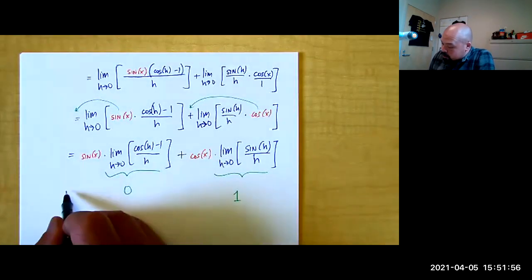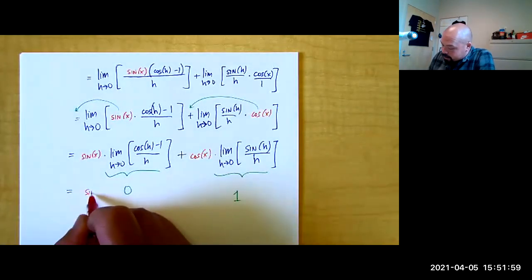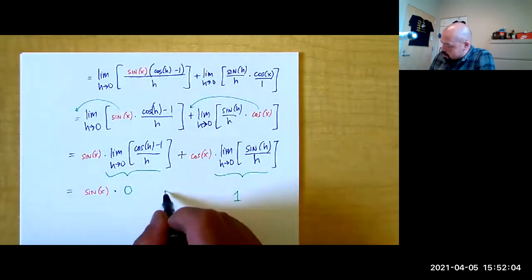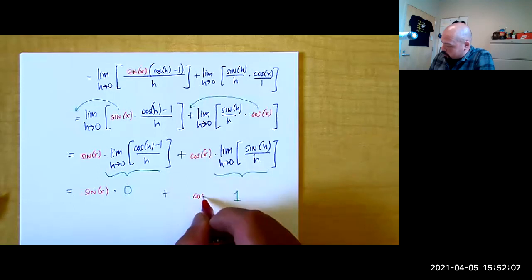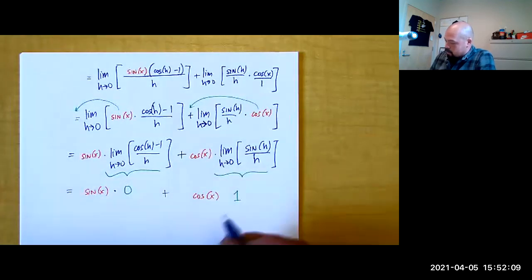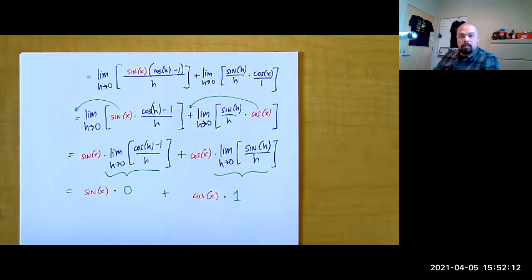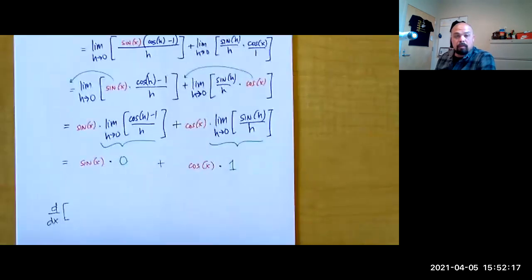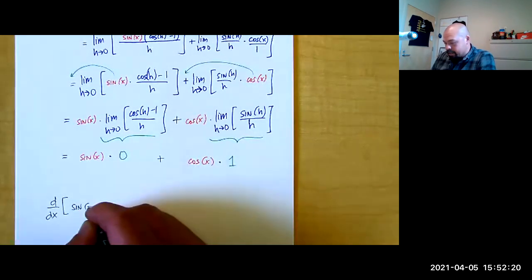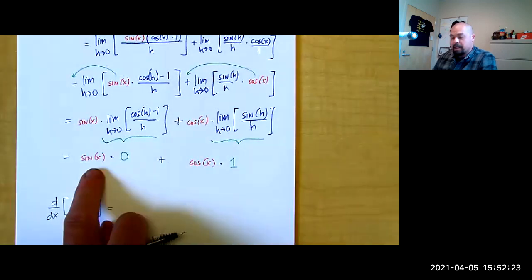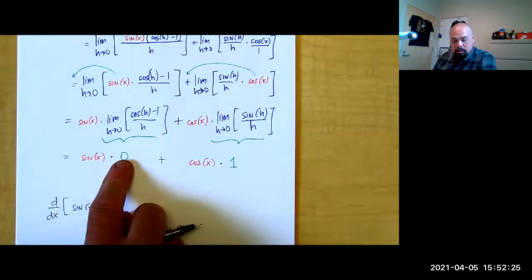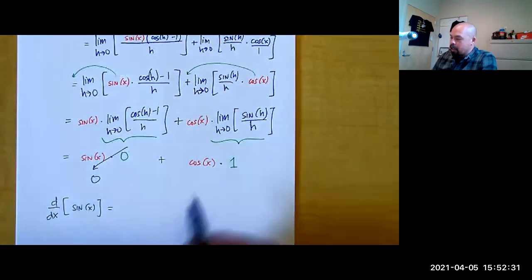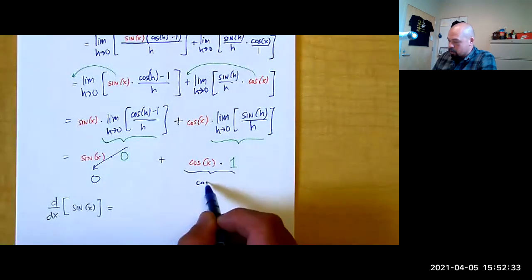So now, doing those limits, we get the sine of x times 0 plus the cosine of x times 1. So going back, when we took that derivative of the sine of x with that limit definition, sine of x times 0 is 0, and this is just cosine x.